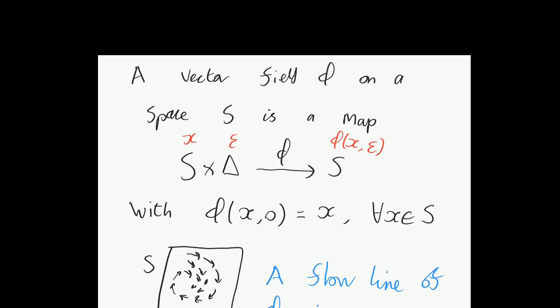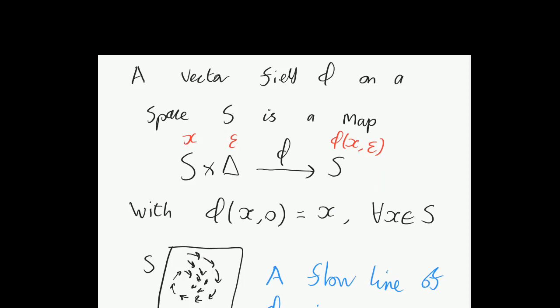So this is our idea of a vector field, and in order for this to describe a vector field, what we want is that this condition holds true. We want that if we choose our nil square infinitesimal to be 0, and we do phi on a point x with our mini time as 0, then we return x again. That's a fancy way of saying that the vector associated with a point has its base at that point.